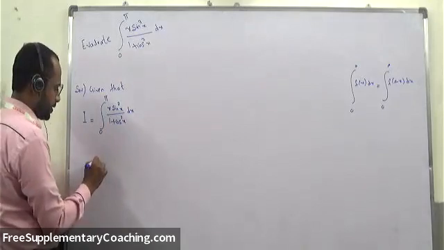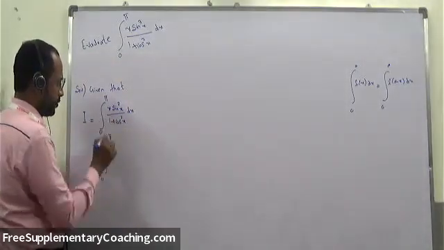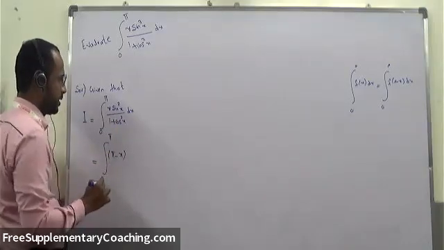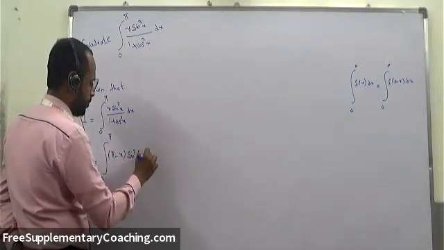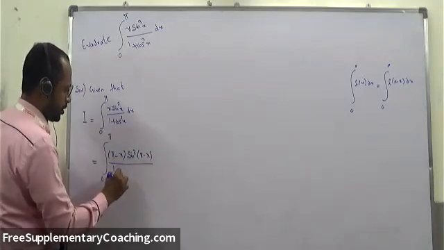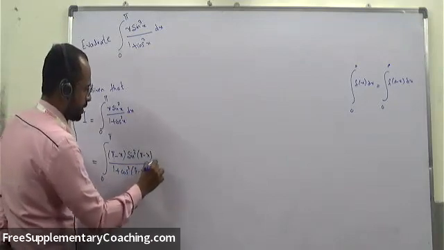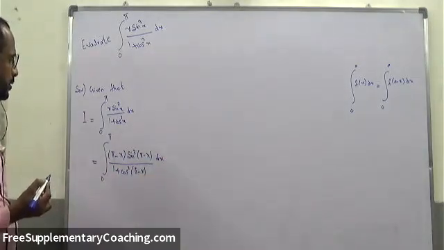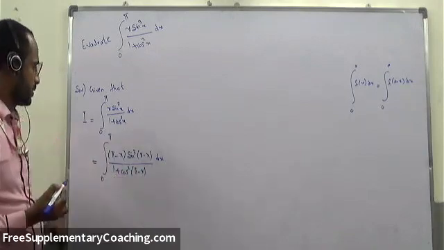Integration of 0 to pi, wherever we have x, apply King's rule: pi minus x, sine cube of pi minus x divided by 1 plus cos square of pi minus x into dx. This is the first step.